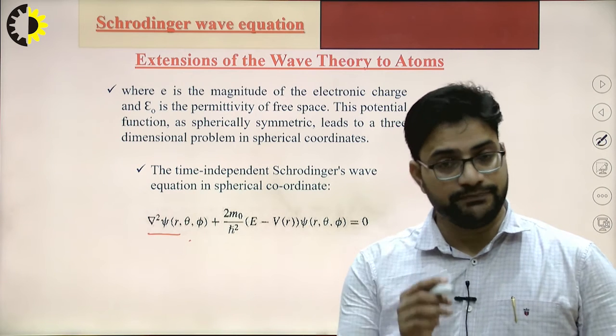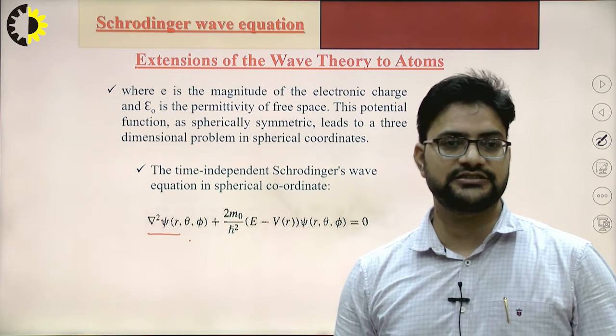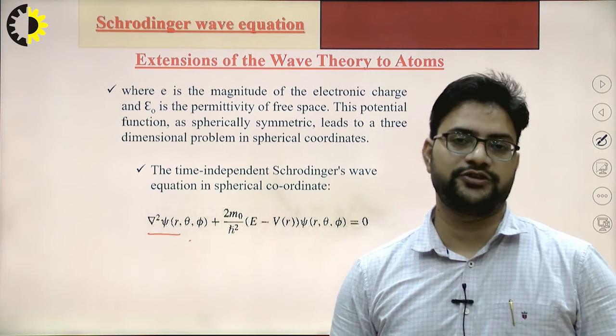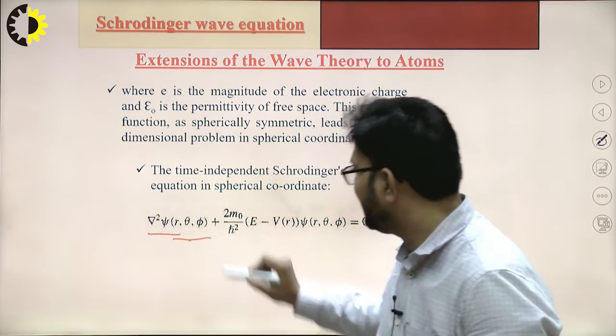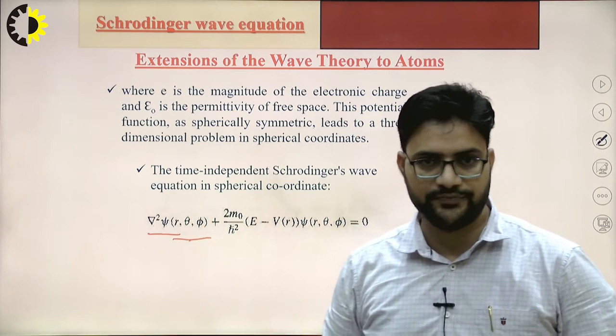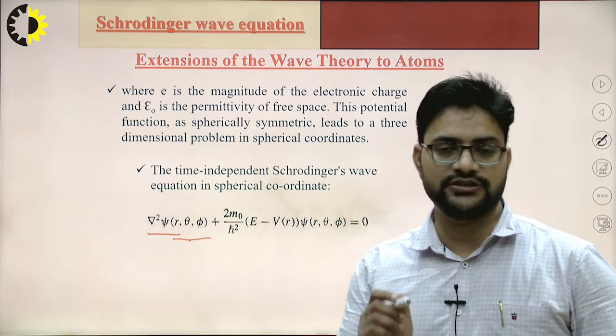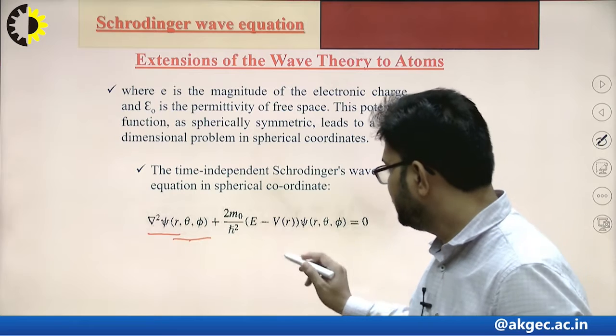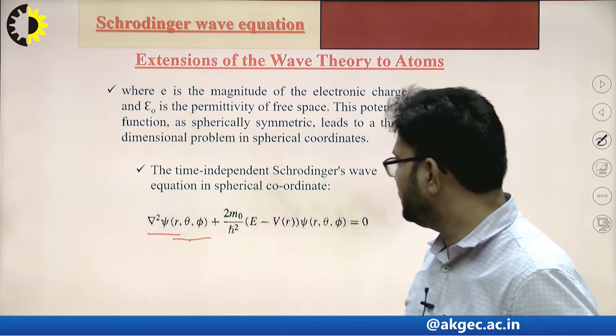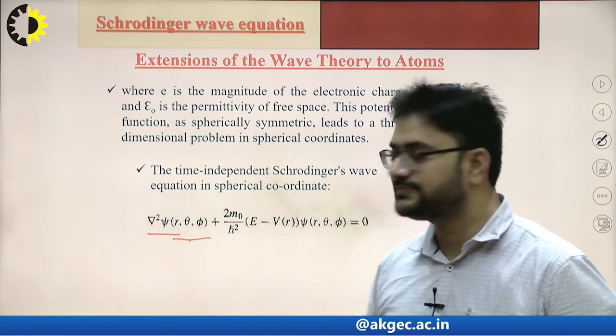In the previous video lecture we discussed the Cartesian coordinate system, but now the Cartesian coordinate system is replaced by the spherical coordinate system r theta phi. So this is the time independent Schrodinger wave equation in the spherical coordinate system.